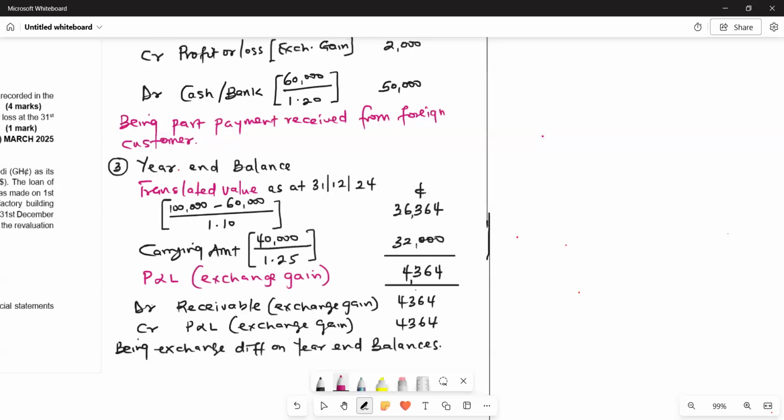For example, if you want to sell to somebody in the US, would you prefer to sell in dollars or in cedis? In dollars, because our currency is always depreciating against the dollar.